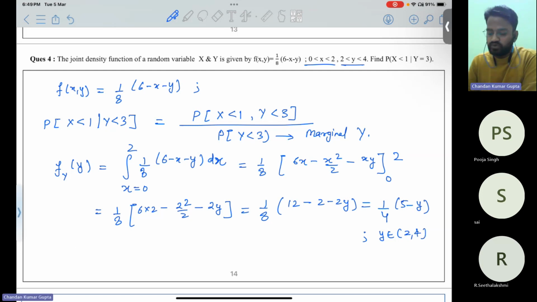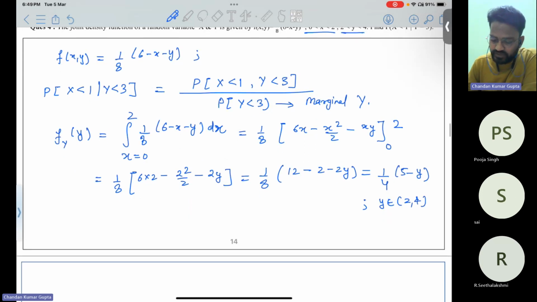So we have calculated the marginal PDF of y.